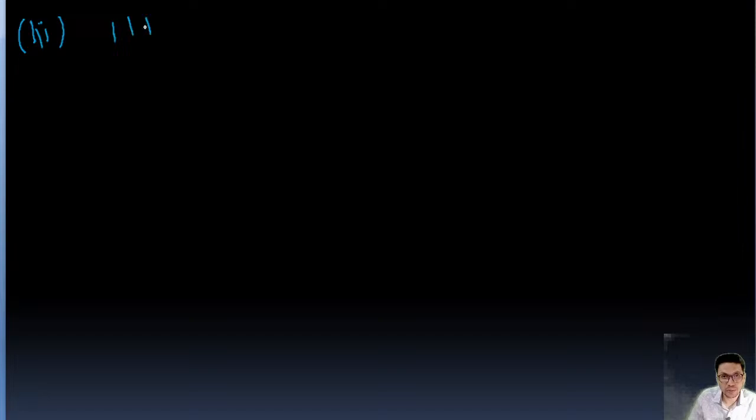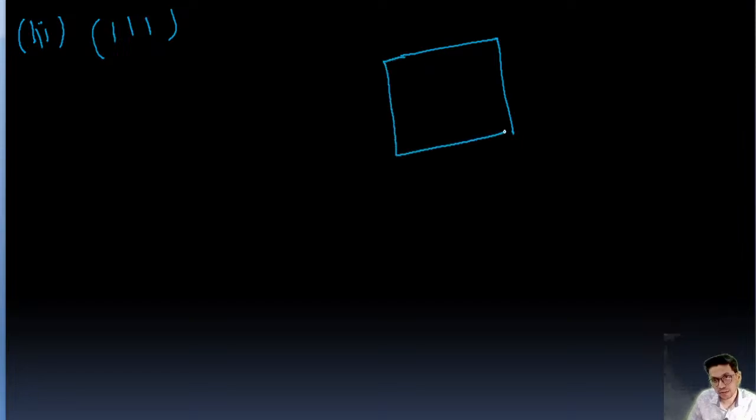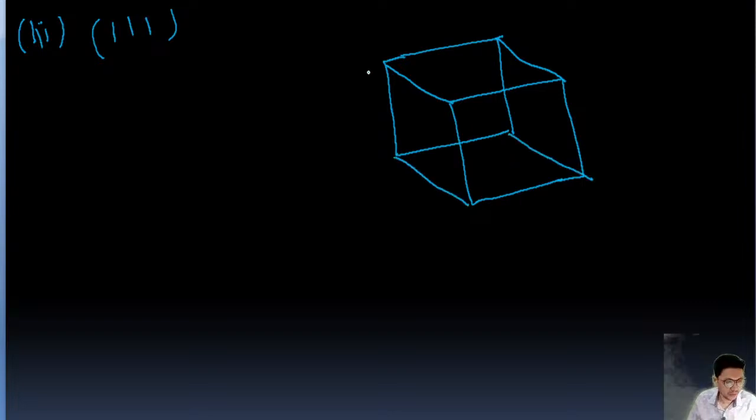Next, third, for the 111 plane. That plane is also explained in my previous lecture, you can check it. This is the z axis, this is the y axis, this is the x axis.